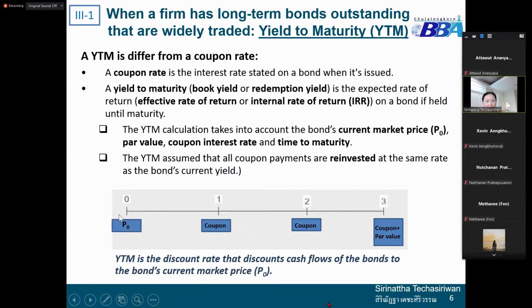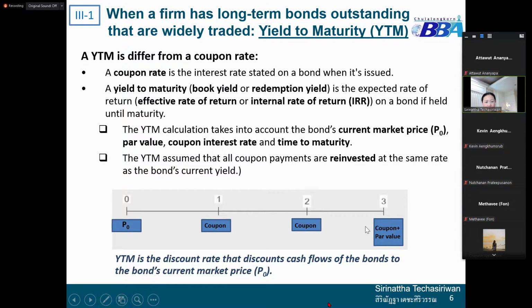So for example, if you invest in a debt paper with 3 years time to maturity, right? So in the next year you will receive coupon, the year after you receive coupon, and in the last year, year 3, you will receive coupon and the par value back.